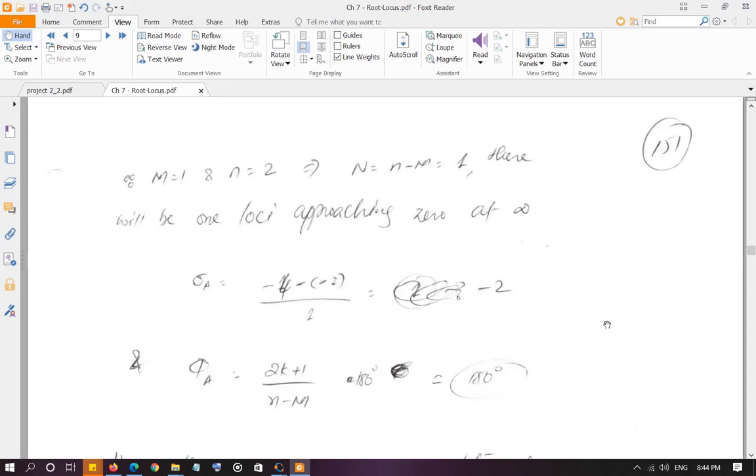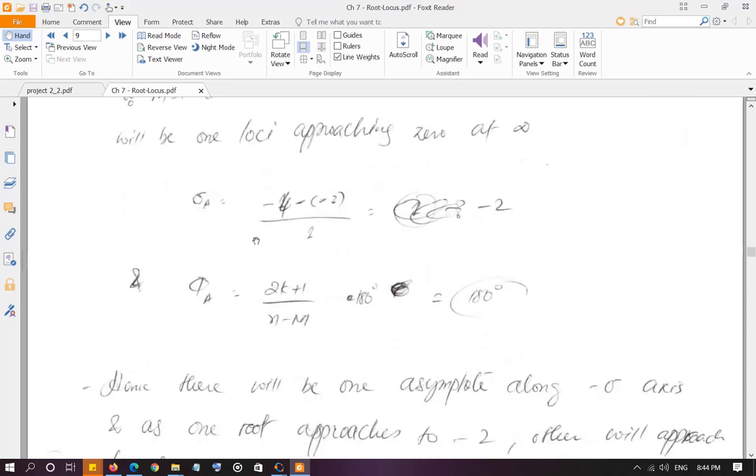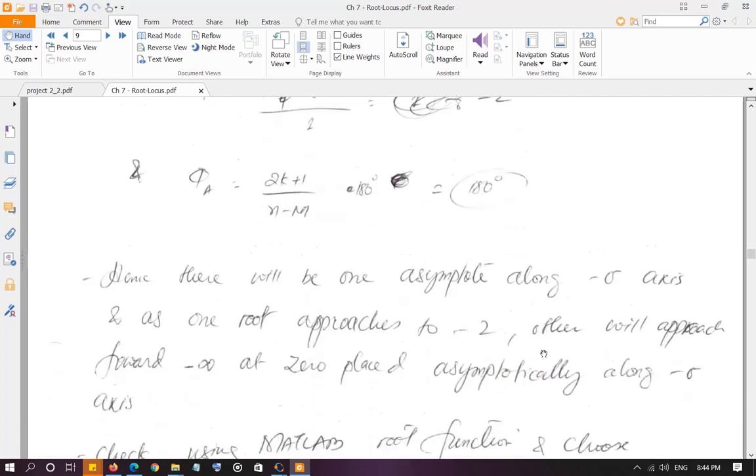In this case it's going to be one asymptote, because n minus m is 1. But if n minus m is not 1, if it is 2 or 3 or 4, then of course you will have multiple angles for different values of k that you will have to calculate. K is equal to 0, 1, 2, 3, and so on. In this case, we have one centroid and we have one angle.